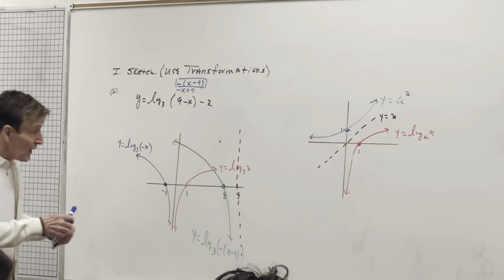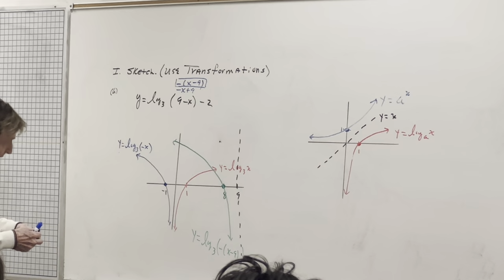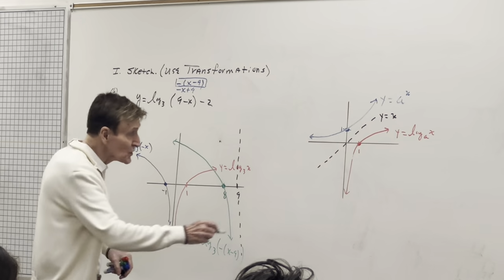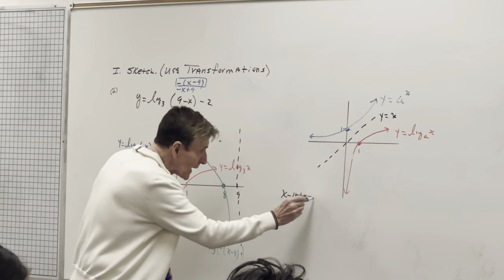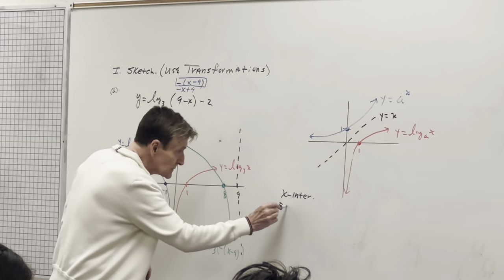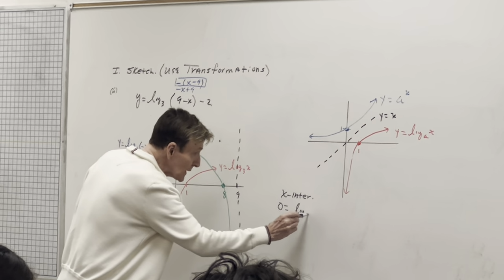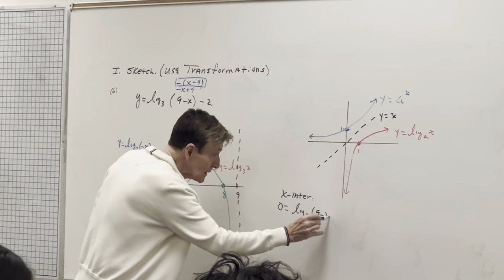So on the final graph, and I'll do the final graph, I've got blue, red, all this business going on. I guess I'm stuck with maybe a black here. Okay, let's try and find the x-intercept. Guys, watch carefully. Set y equals 0, of course, in my function. Log base 3. If you want to leave it in the original raw form, go for it.